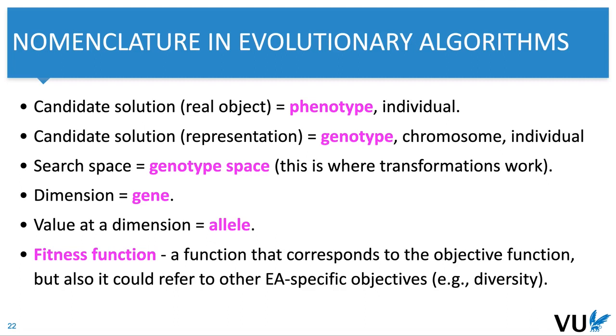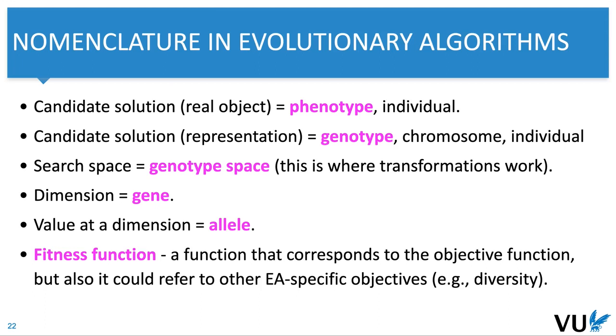Another extremely important concept is the fitness function, and the fitness function is a function that corresponds somehow to the objective function in optimization. However, it could also refer to some very evolutionary specific objectives, like for instance diversity. Evolutionary algorithms are quite specific, because you can play with different parts of an algorithm to obtain almost the same purpose.